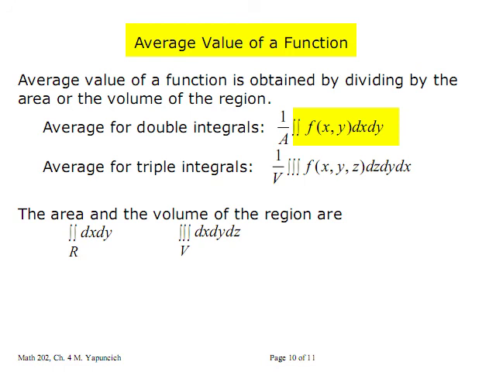And the area is just the integral of dx dy over the same region that you took this integral of the function over, but you don't include the function with it. You just go dx by dy. For the volume, it's the same thing, dx dy dz, but the function is not included. That gives you your volume. You use the same limits of integration for both of these.